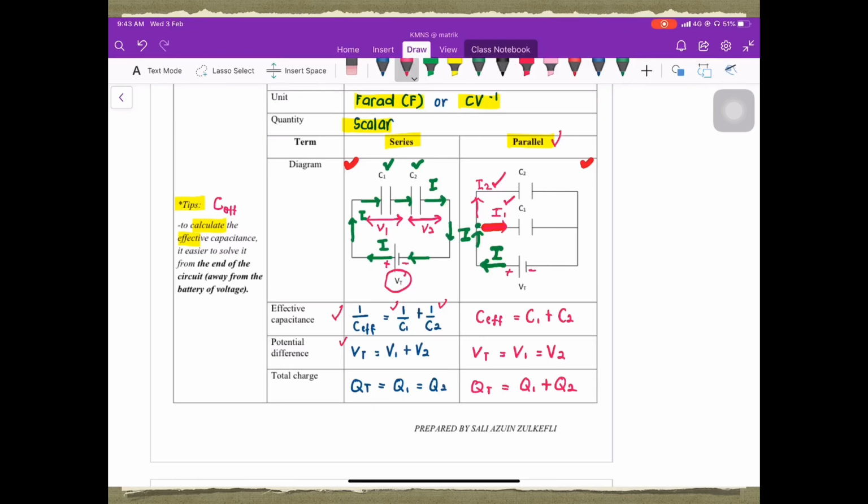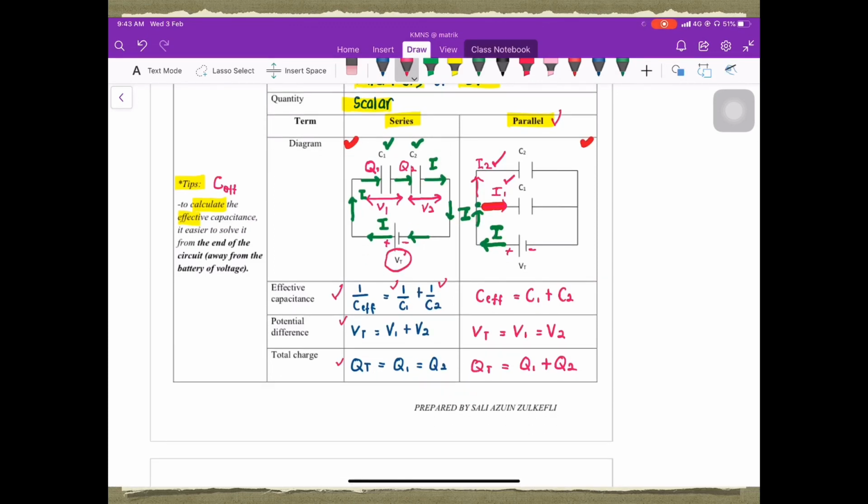Total charge: when the current flows, C1 equal to C2, meaning the charge Q1 equal to charge Q2, so the total charge becomes Q1 equal to Q2. And the last part, for the parallel, C effective for the parallel combination is C1 plus C2.